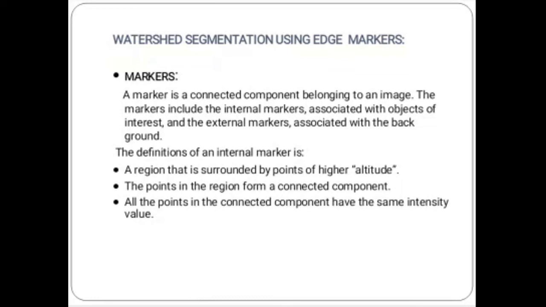The internal marker is associated with the objects of interest and the external marker is associated with the background. We define an internal marker as a region that is surrounded by points of higher altitude, such that the points in the region form a connected component in which all the points have the same intensity value. Okay, so the internal markers will be segmented like light gray regions.